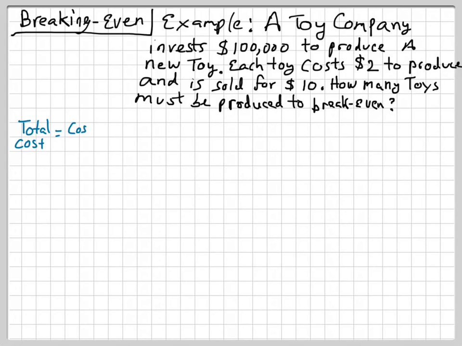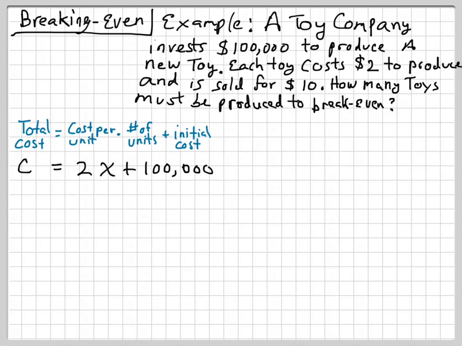So we're going to set up a couple of equations to solve this problem. The first equation has to do with total cost. And the setup is that total cost is equal to the cost per unit times the number of units plus any initial cost that it has.